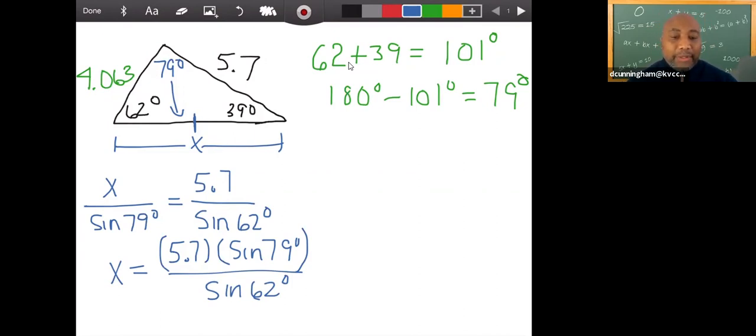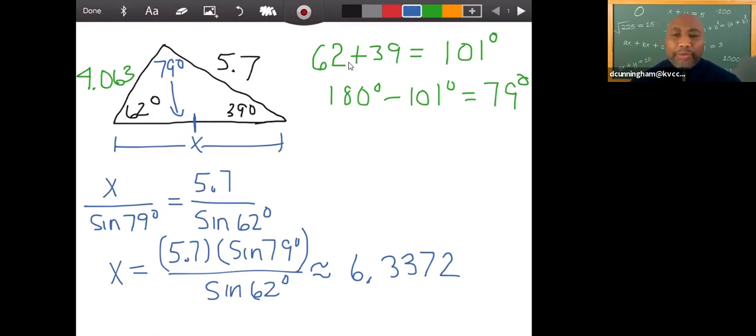Multiply 5.7 by that answer, and then once you get that answer, divide it by the sine of 62 degrees. Now, make sure you do it correctly. I believe I get an approximation of 6.3372. So let's make sure we get the same answer. Do it right on your calculator. Make sure you put your parentheses right, especially in your division.